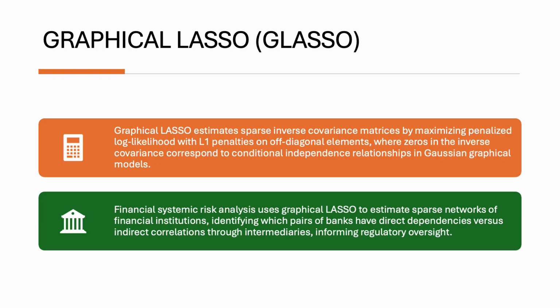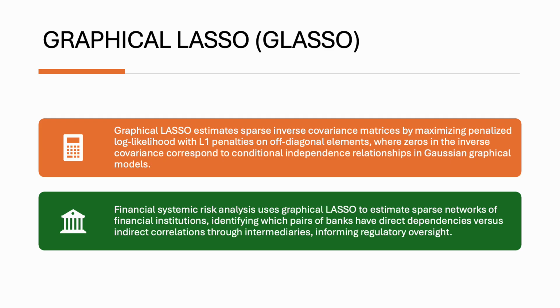Graphical lasso estimates a sparse inverse covariance matrix by maximizing penalized log likelihood with L1 penalties on off diagonal elements, where zeros in the inverse covariance correspond to conditional independence relationships in Gaussian graphical models.